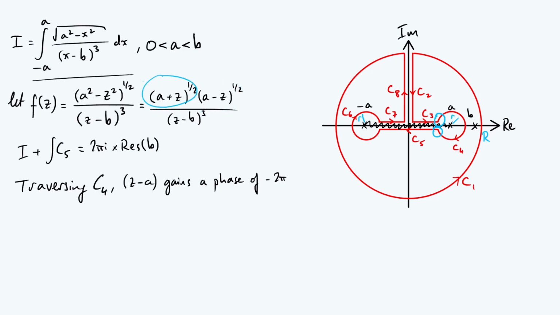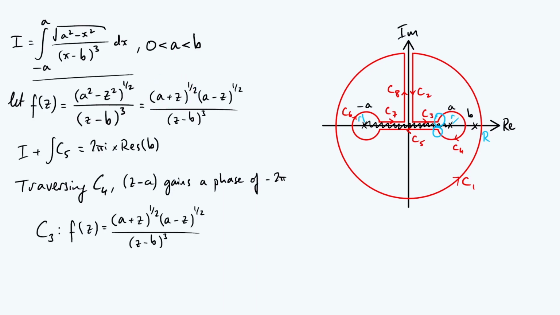Well, the first factor on the numerator, a plus z to the half, is not going to change at all, because when you move around c4, you don't circle around the point minus a, hence a plus z does not change in phase. How can we write that out a little bit more quantitatively?